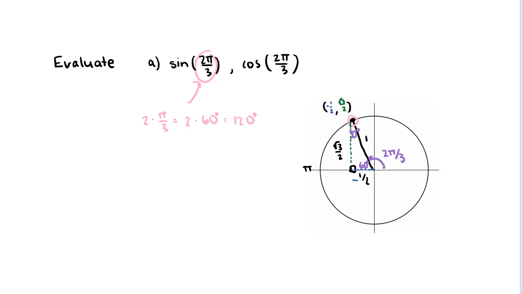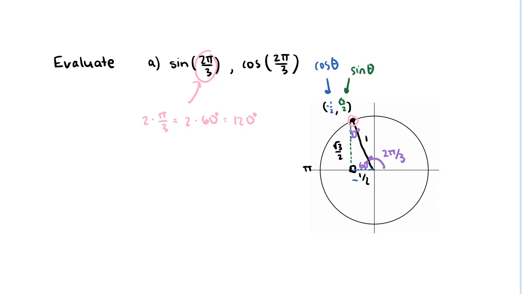Whereas the x value of 1/2, that's a negative measurement because it's on the negative side of the x-axis. Okay, and so again, we're dealing with the unit circle here. These correspond to our cosine and sine values.